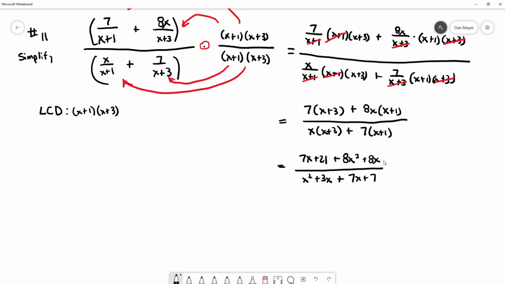Let's see, I can combine like terms on top and bottom. On top I have 8x squared plus 15x plus 21. On bottom we have x squared plus 10x plus 7.